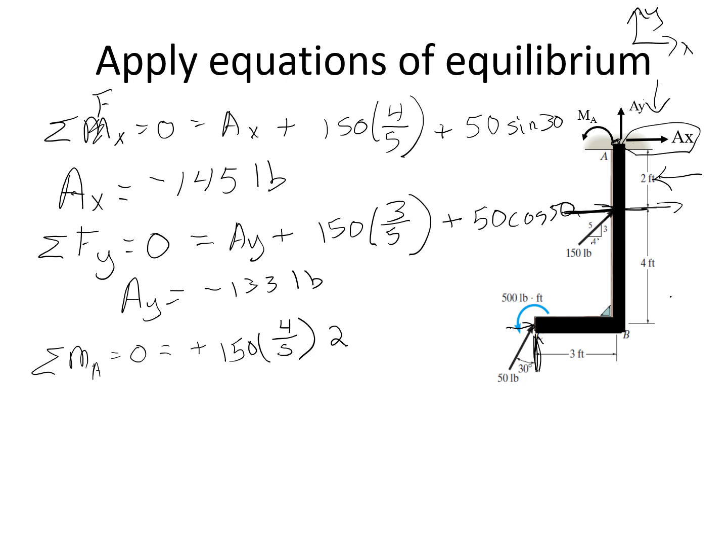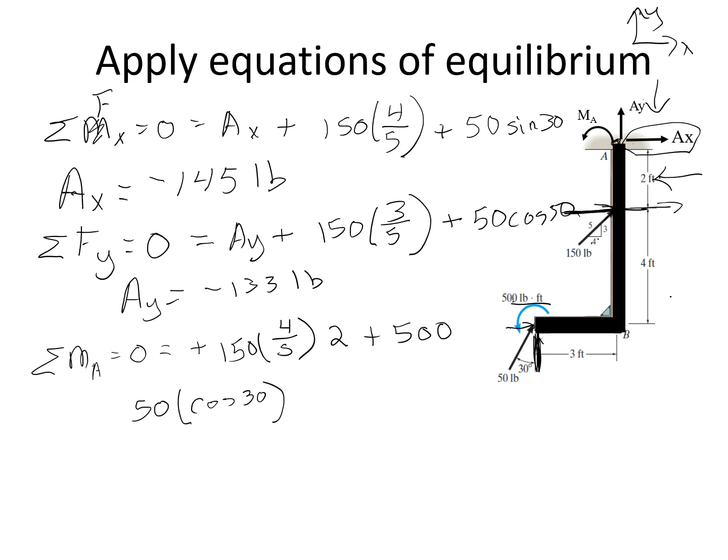Then I have this 500 foot-pounds. It is also positive, so it's going to be just 500. We don't have to multiply it by distance. It's a couple moment. It already has that distance. And then we have the 50 pounds. And we can take the y component of that, which is times the cosine of 30.